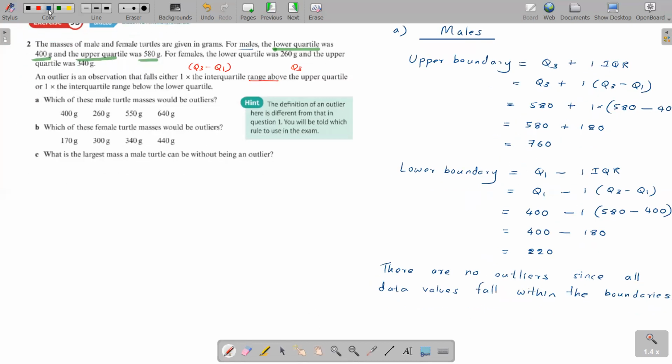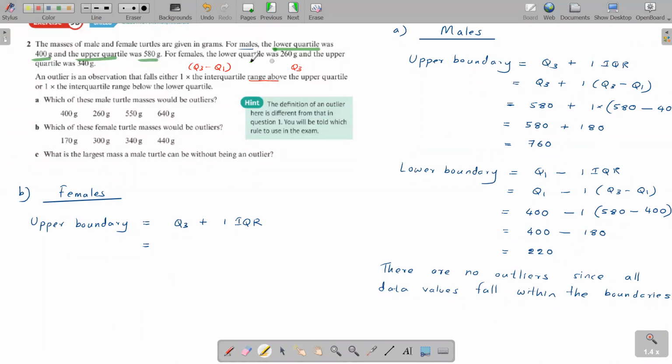Okay, what about part B? Which of these female turtle matches would become outliers? Let's do the same thing now for the females. We have to get the upper boundary and lower boundary limits for the females. So what's the upper limit? Upper boundary is again Q3 plus 1 times interquartile range. So what is Q3?